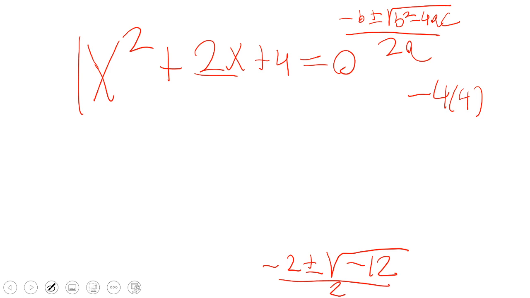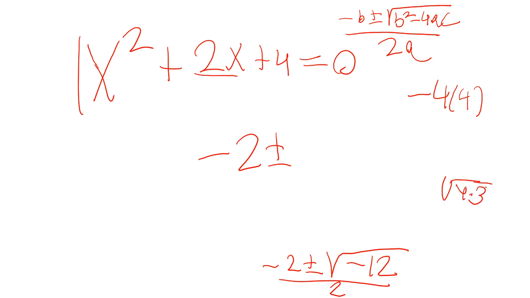Well, negative 12 can be written as negative 4 times 3. Remember, i is the square root of negative 1, so we can break this up as negative 2 plus or minus the square root of 4 times 3, a product.